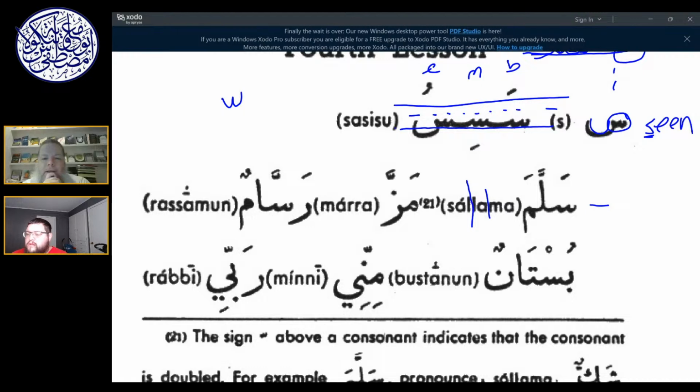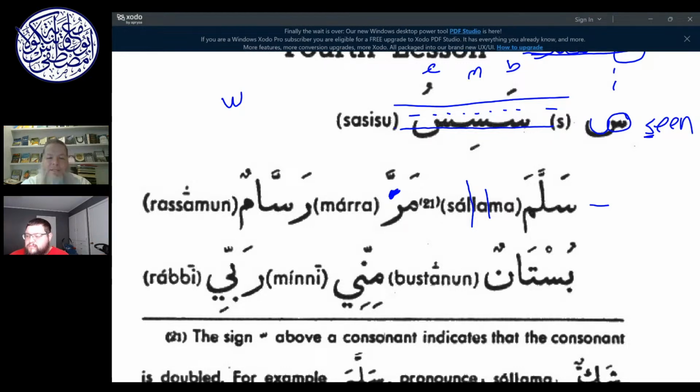Go ahead. The next dot should not be there. Oh, this dot should not be there. Marra. Yep. Ras samun. Say the long ah. Rasamun.